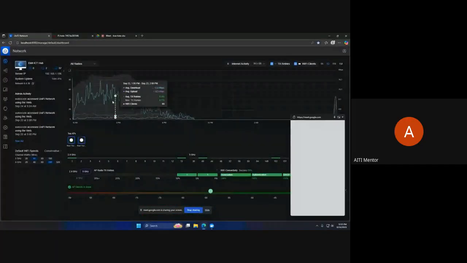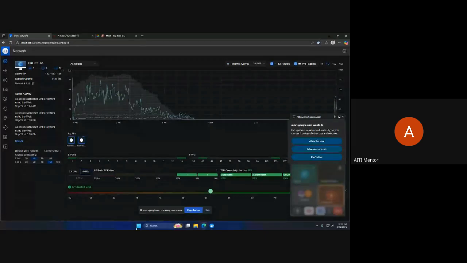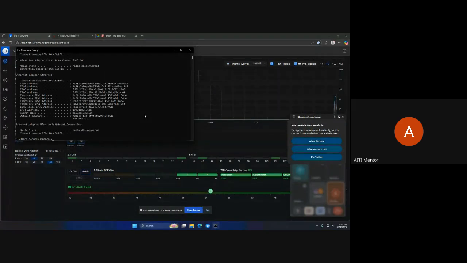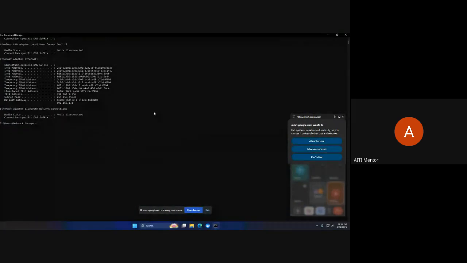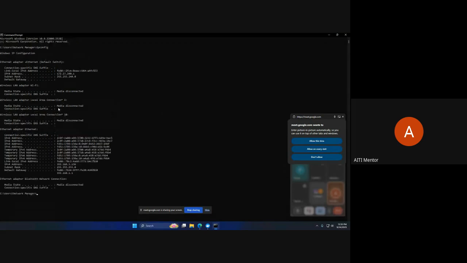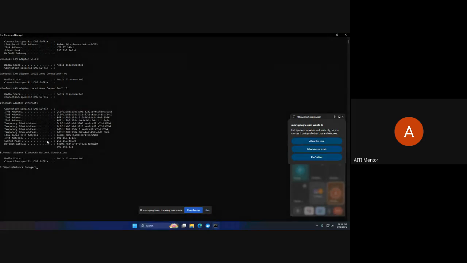Okay. Now, from here, let me open command prompt first. ipconfig. So from our ipconfig, I am currently using Ethernet on this system. And on this Ethernet, we can see the IPv4 address here, can we see it?